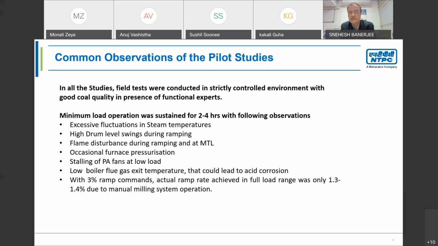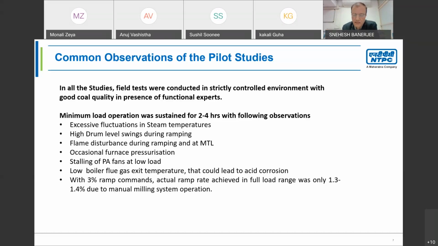Also the stalling of PA fans, primary air fans, at low load operations, and low flue gas temperatures leading to acid corrosion of boiler ducts. Similarly, the ramps, the rates we are giving, may not be achievable in real sense because of some delayed action, some gaps or some inertia in the system.